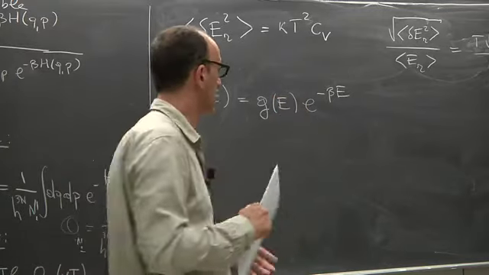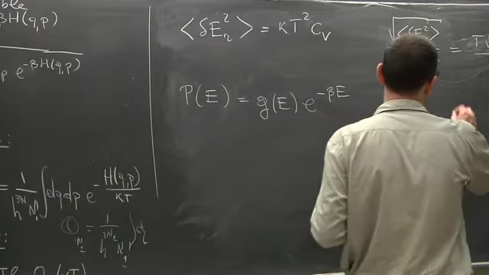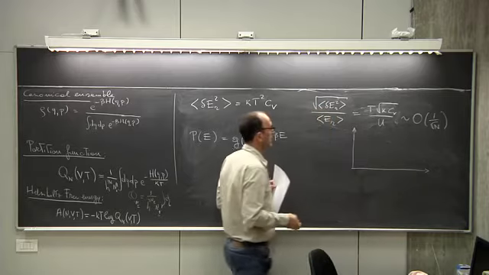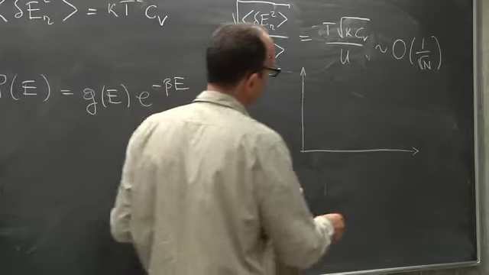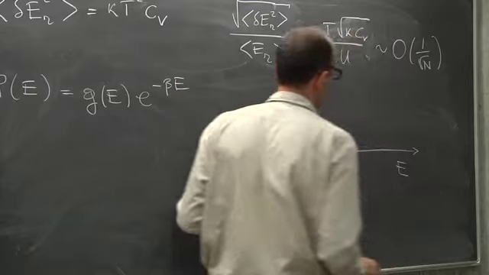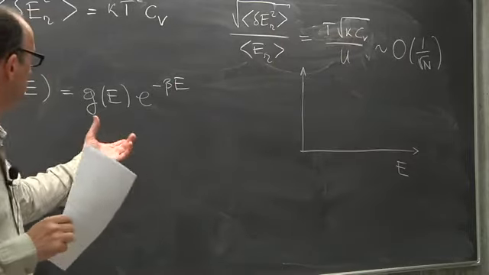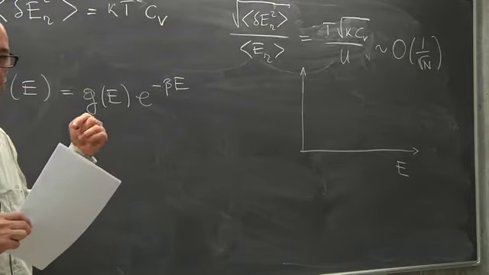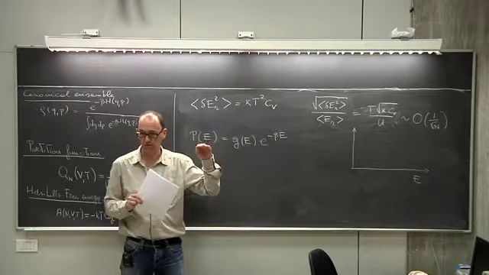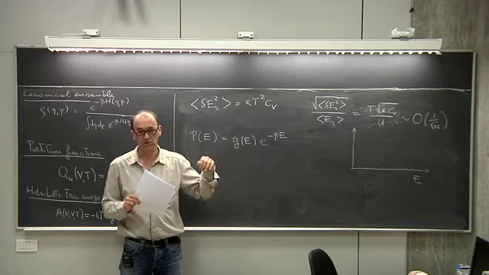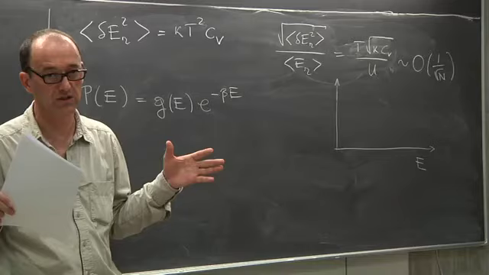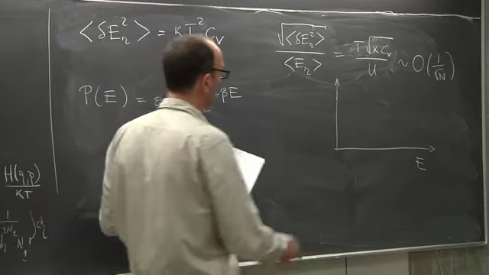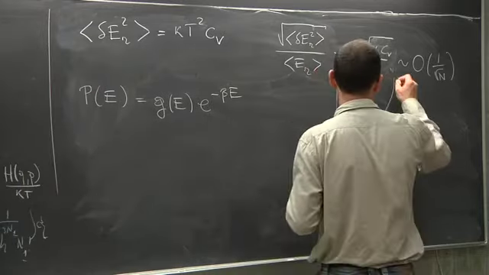And indeed you can figure out that generally, if you plot this function here, the density of states will be a very fast increasing function of the energy, because the more you increase the energy, the more states you can accommodate. Okay, so g(E) will be very, very fast increasing.